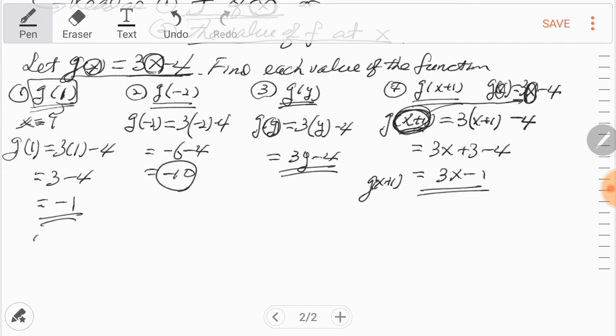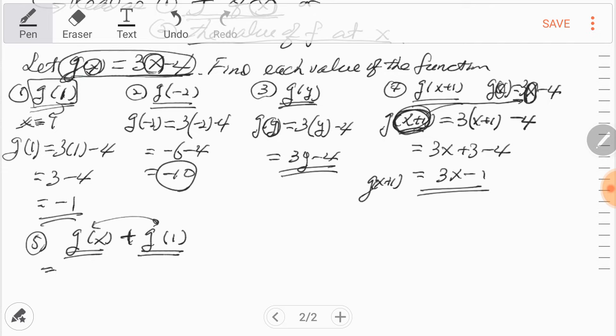Okay, let's do another one, number 5. G of x plus g of 1. There are 2 functions added, so we're going to add the result of each function. G of x is 3x minus 4, so write it down: 3x minus 4 plus g of 1.